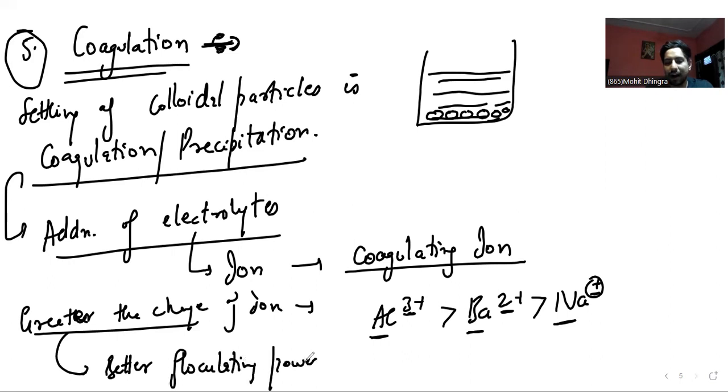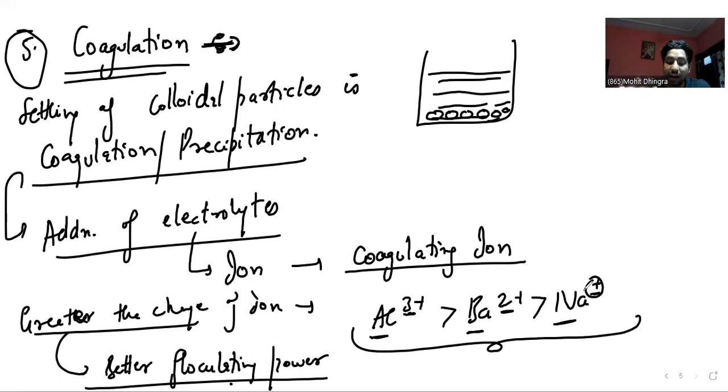These positive ions are used for the coagulation of negative charge. So the higher the charge, the better the flocculating power: Al3+, Ba2+, and Na+.